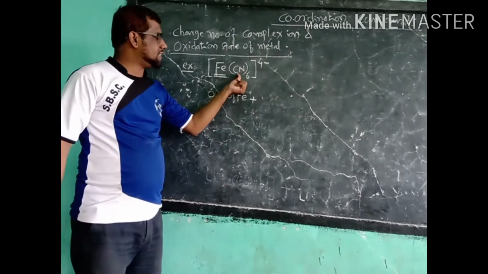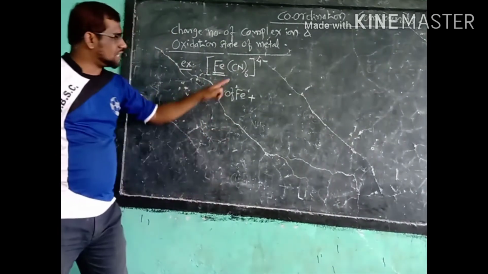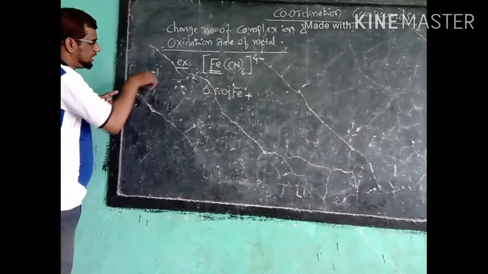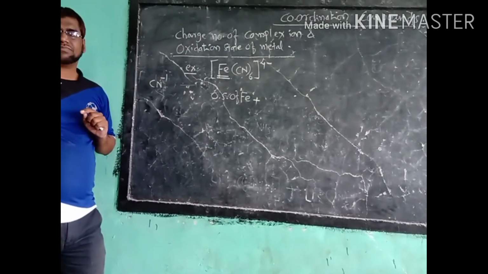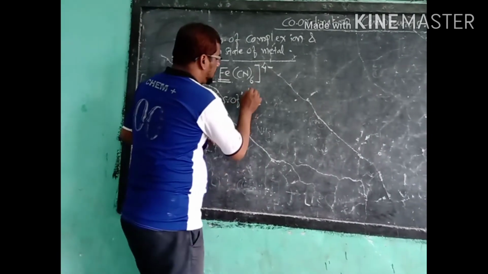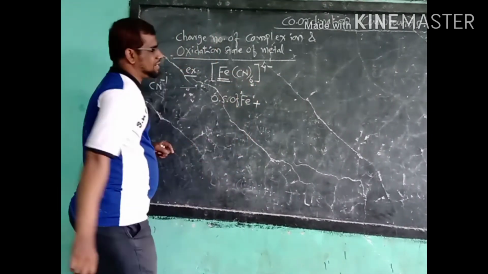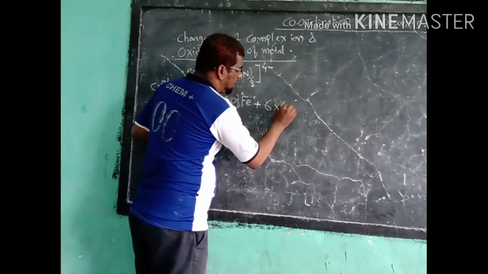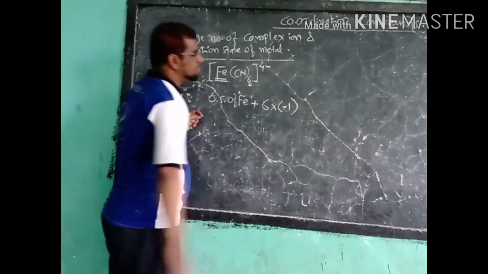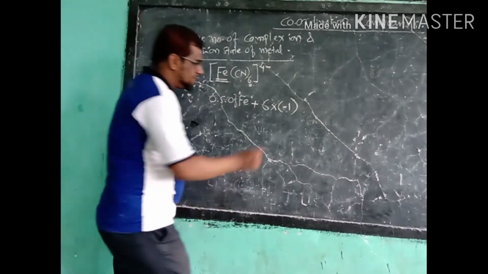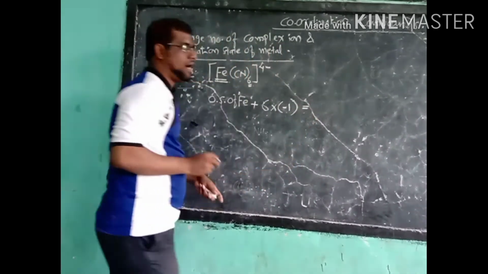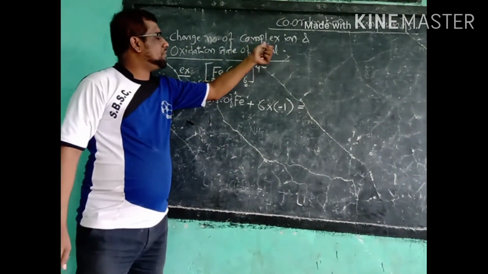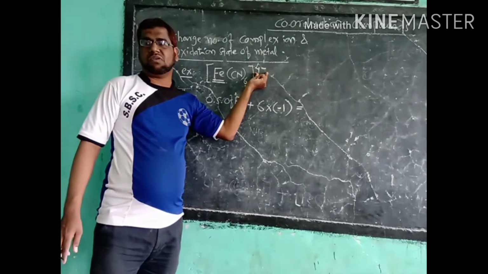One cyanide carries a 1 minus charge because cyanide is a negative ligand. There are 6 ligands present, so we can write 6 into -1 for the charge of one cyanide. That is equal to the charge number of the complex ion, which I told you is -4.